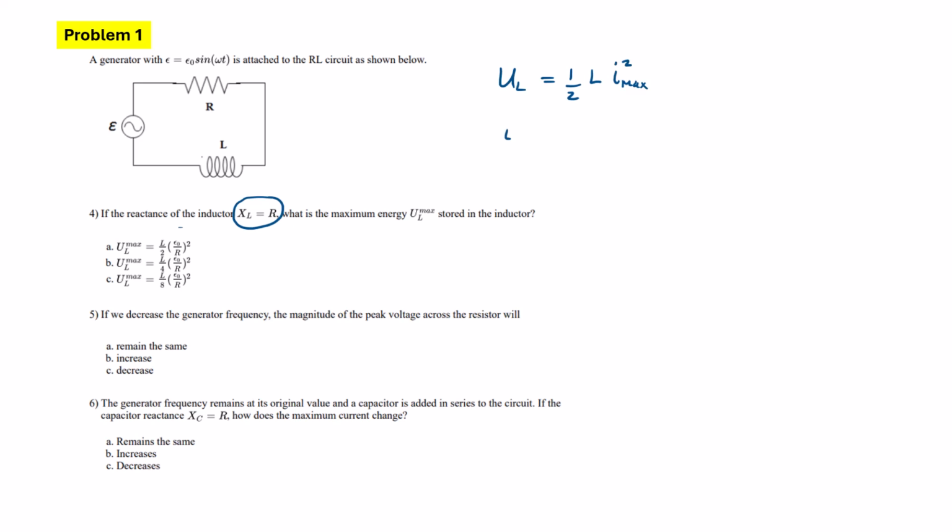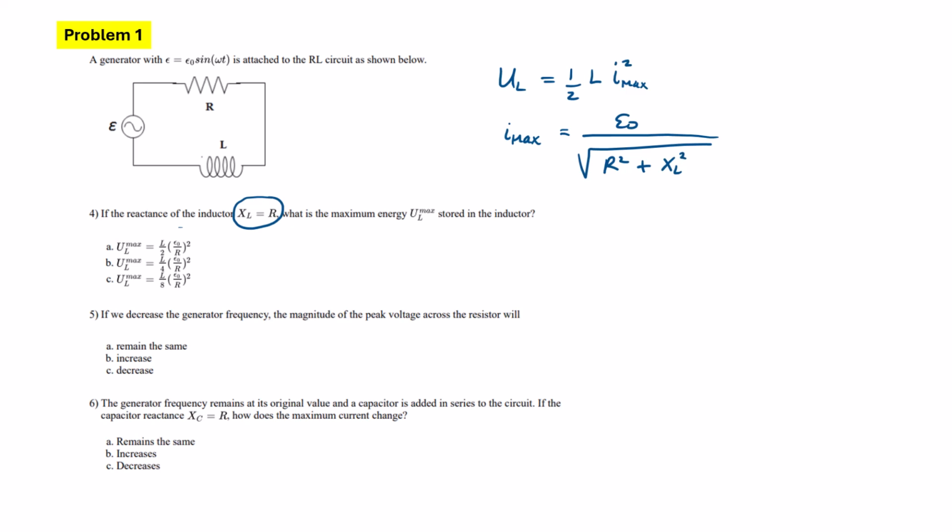For an AC circuit, you can calculate the maximum current as the maximum voltage, in this case E0, divided by the total impedance of the circuit. We only have a resistor and an inductor, so the total impedance is the square root of R squared plus the reactance squared.